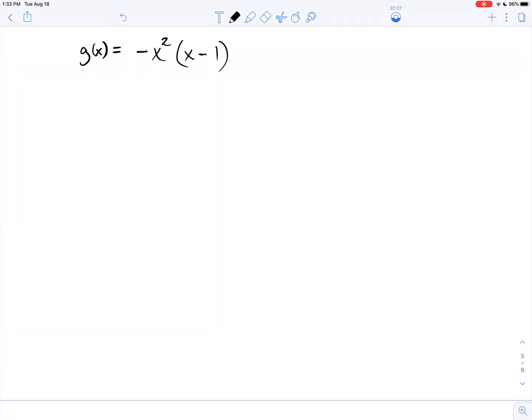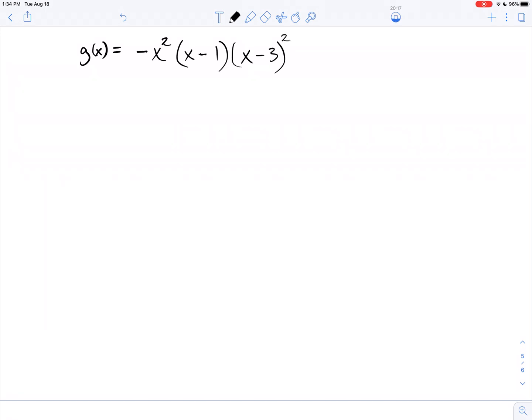So this time, let me call it g of x. I'm going to make this one say negative x to the second, and then x minus 1, and then x minus 3 squared.